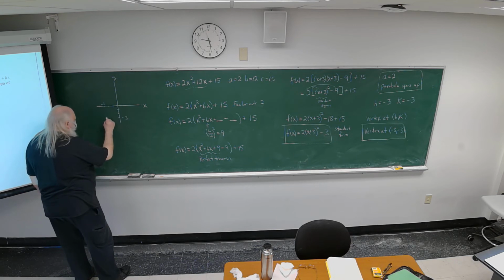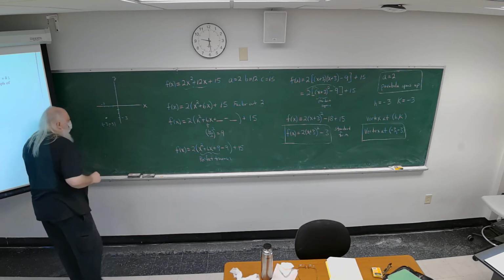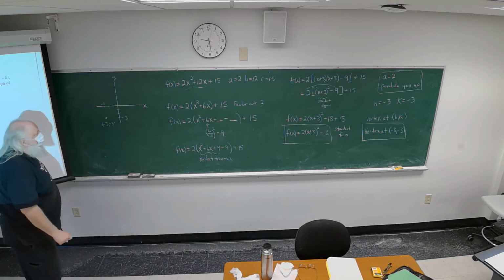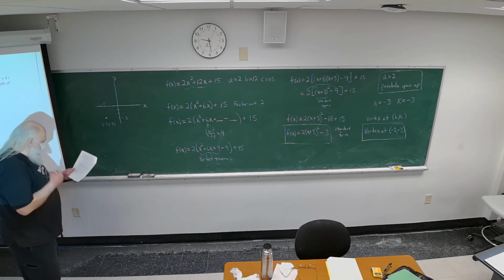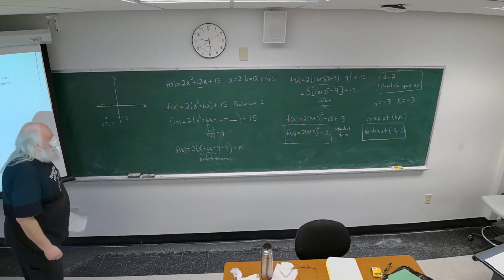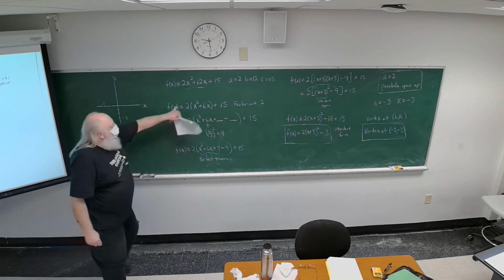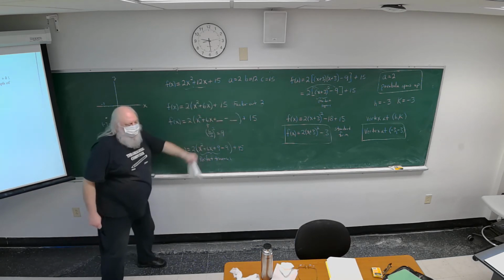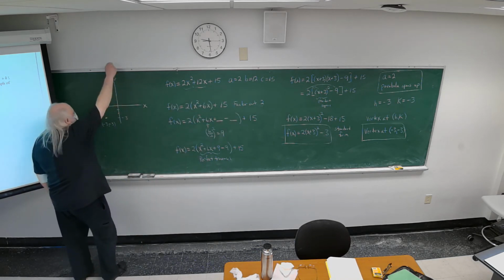Probably not drawn to scale, but here's the vertex. And then the y-intercept is at y equals 15, which is way up here somewhere.